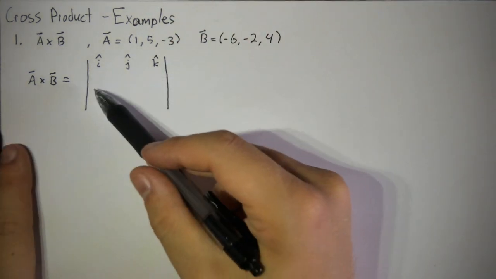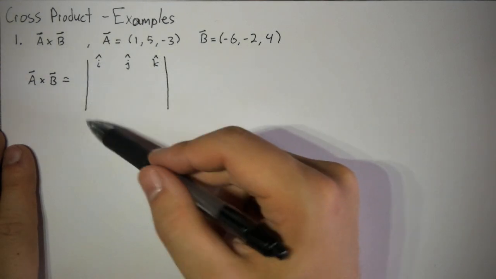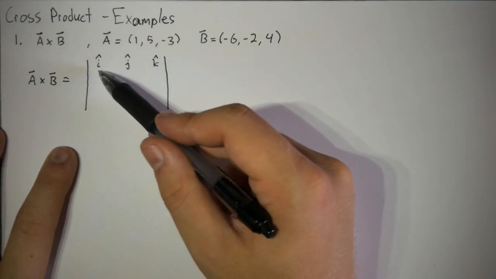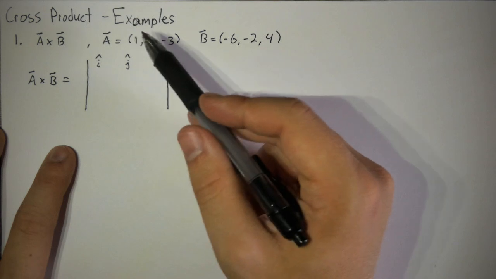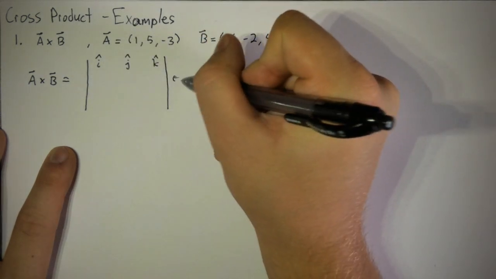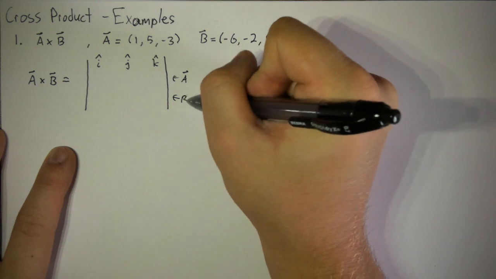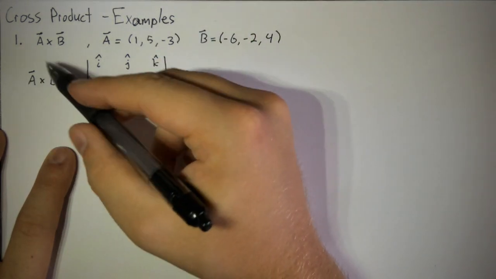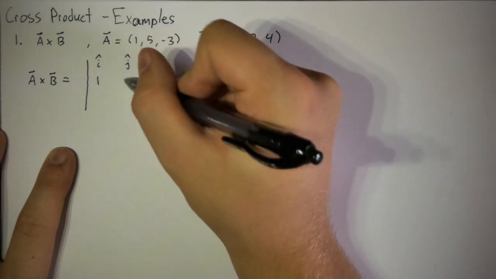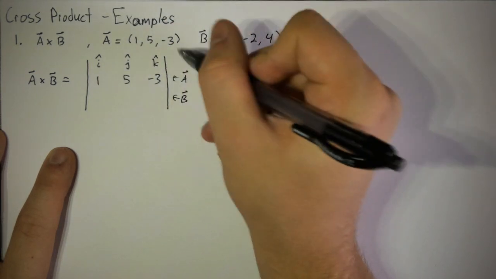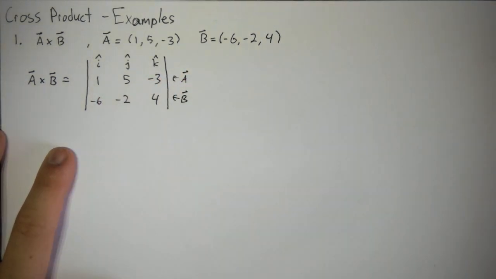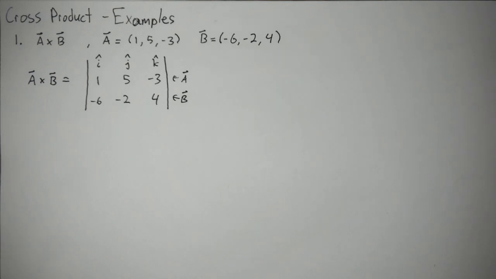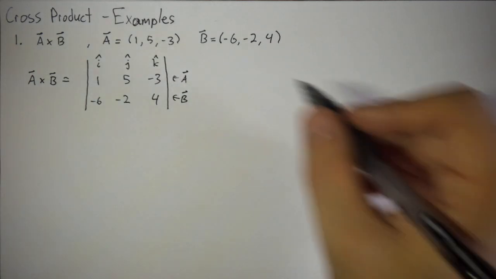So I draw this large straight line, this other one, and I put the unit vectors up here. So what I'm going to do is write the A vector here and the B vector here. So that would be 1, 5, -3, and -6, -2, 4. Now what I'm going to do is solve for the components.